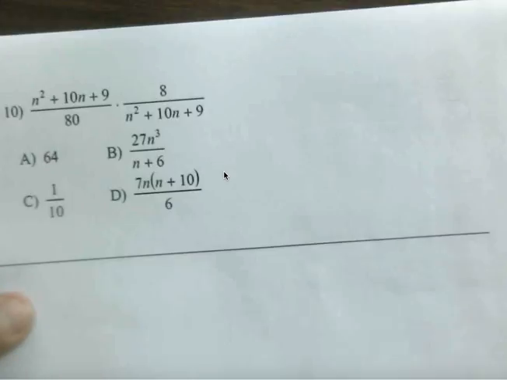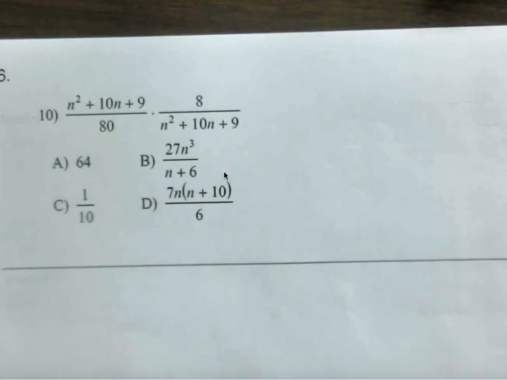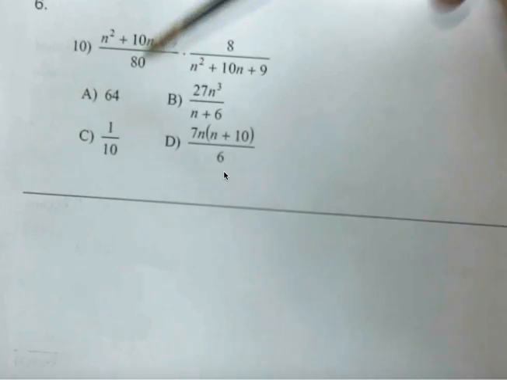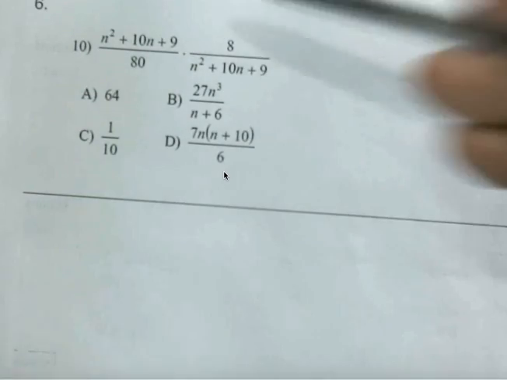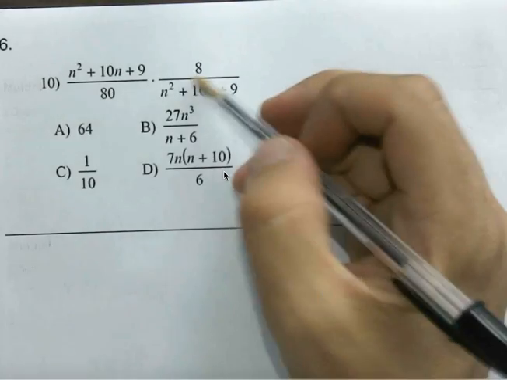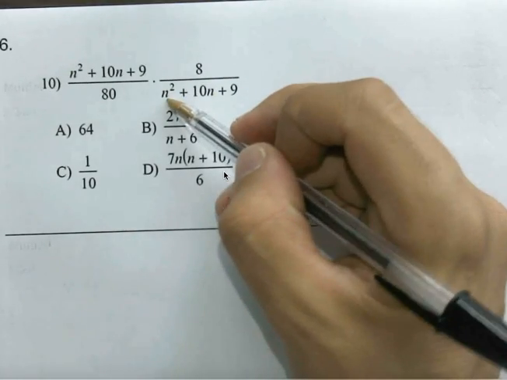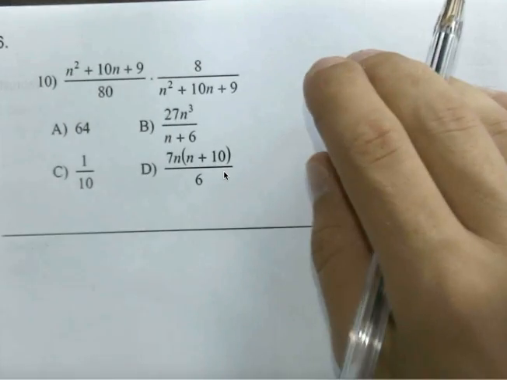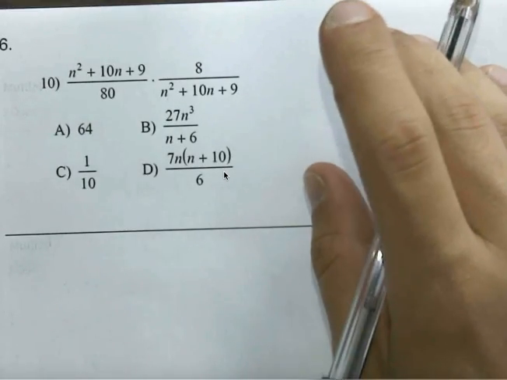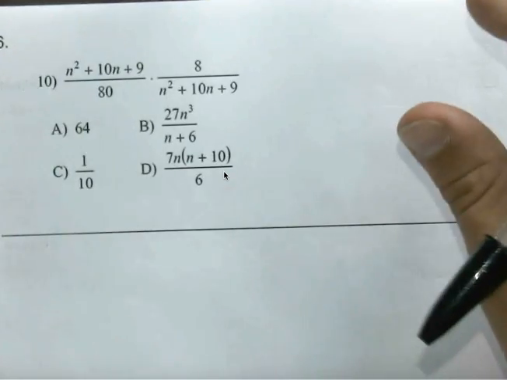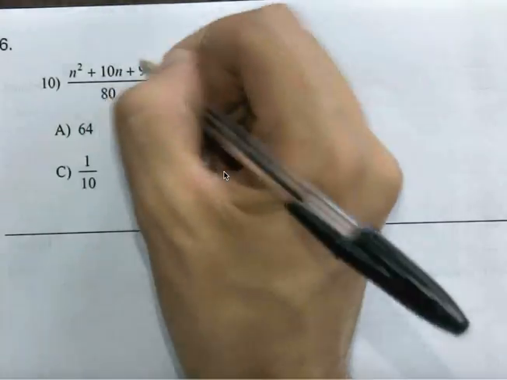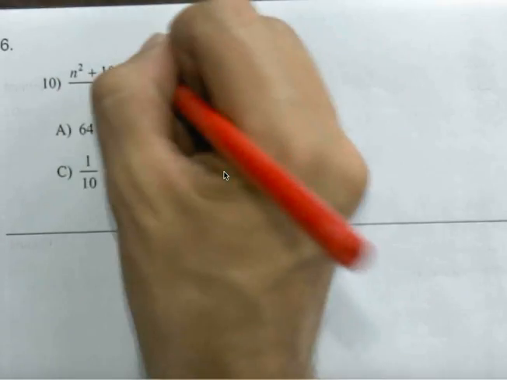Last problem. What's cool about this one is that if you're really strategic, you can notice that n squared plus 10n plus 9 is multiplying with 8. And in the denominator here, we also have a duplicate n squared plus 10n plus 9. So what's cool is that since they're the same size, same trinomial, same degree, same signs, we're allowed to just cancel both of them right off the bat.